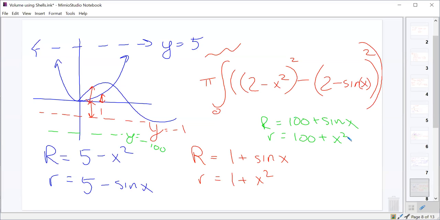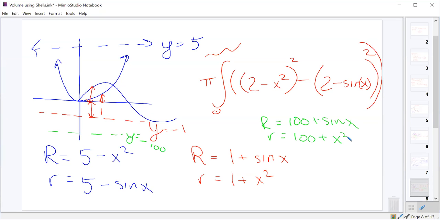You've just got to figure out what the difference between your function and that line is. Usually, it's the difference between your function and the x-axis, either plus that number or that number minus your function, depending on whether the line is above or below the region. Everyone good there?